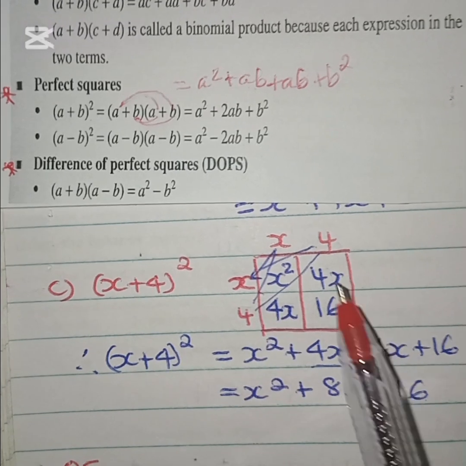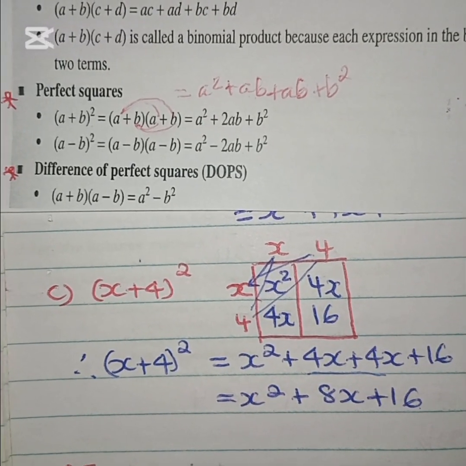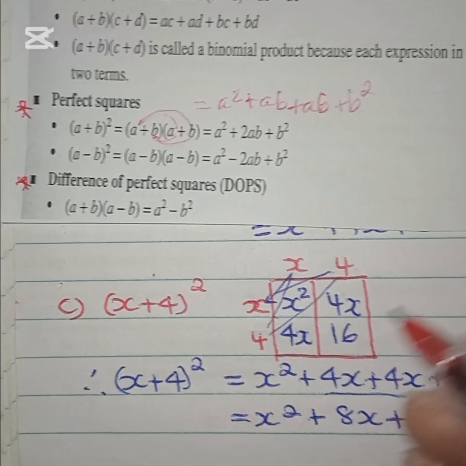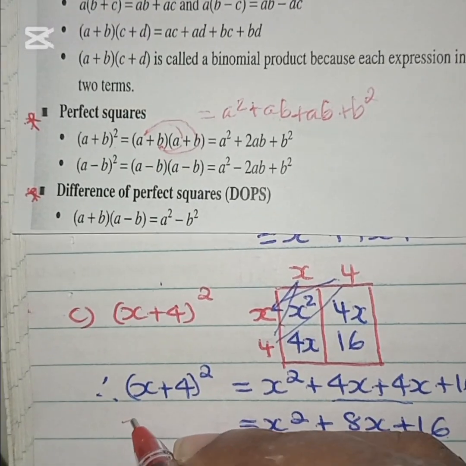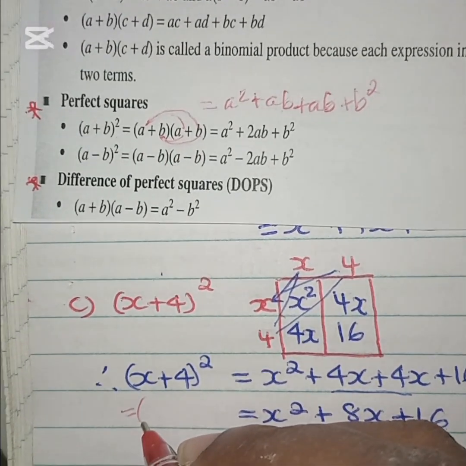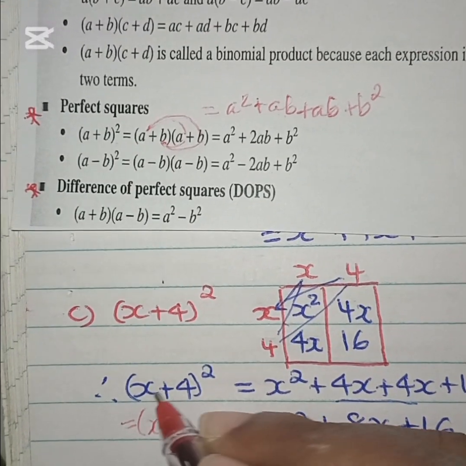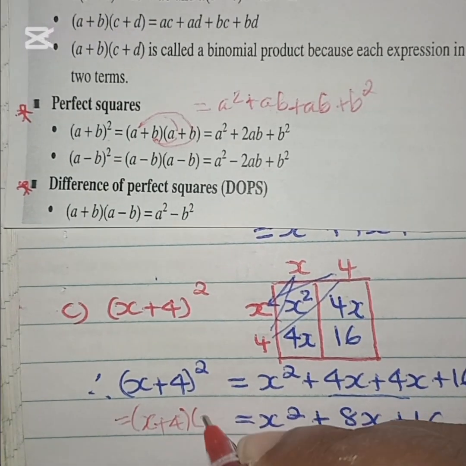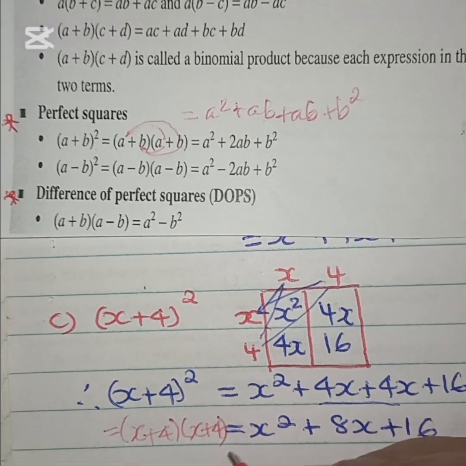If we want to expand it in a long way, then of course we have to write x plus 4 squared in this manner. X plus 4 in bracket squared means x plus 4 multiplying by itself 2 times.